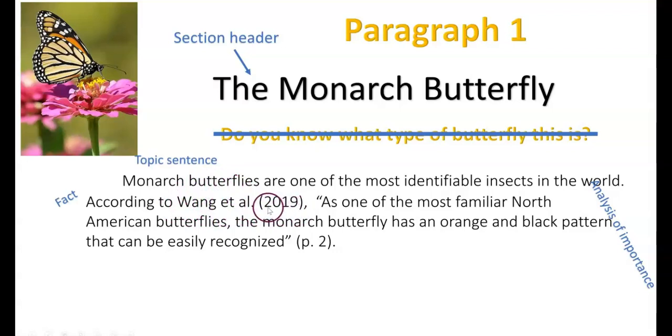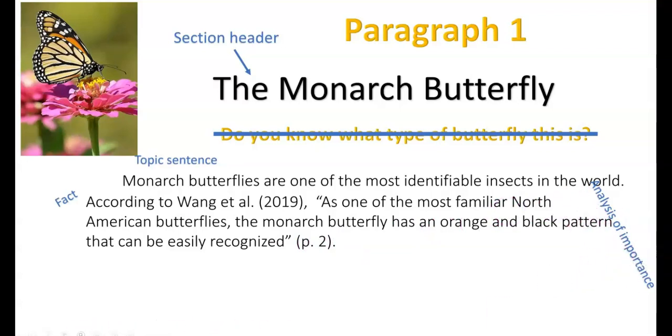The year was written, 2019. We include quotation marks because this is a direct quote. We go ahead with the direct quote, end with end quotes, and then page 2, which is where it can be found. Now you want to analyze this information.